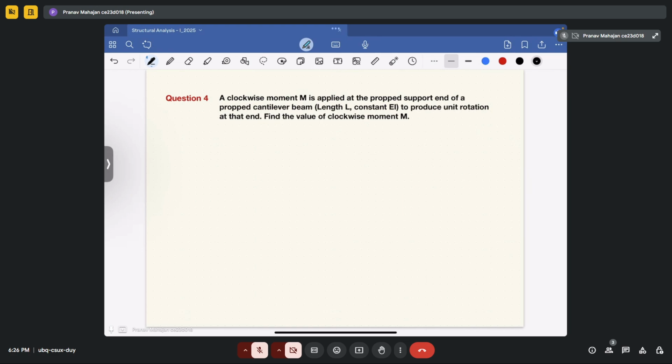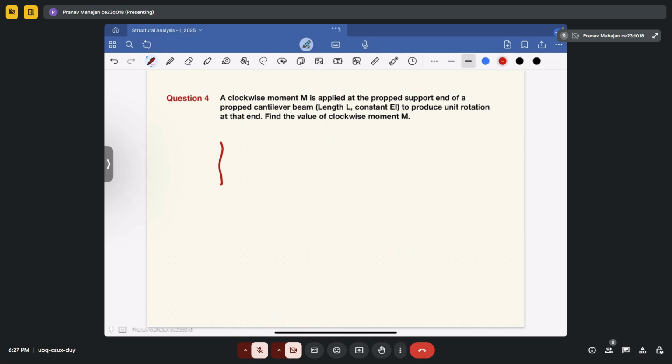As I already told you, the rotational stiffness is defined as the amount of moment applied to produce unit rotation. So in this case, your M will become your rotational stiffness because theta is equal to 1. Fine. So let's draw the diagram, then it will be easy for you to understand.